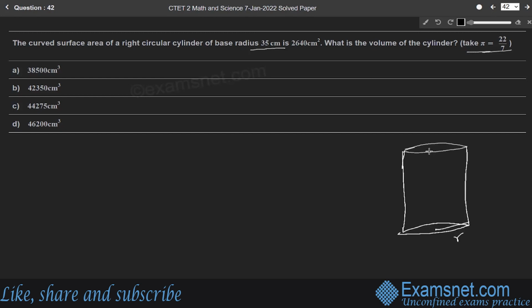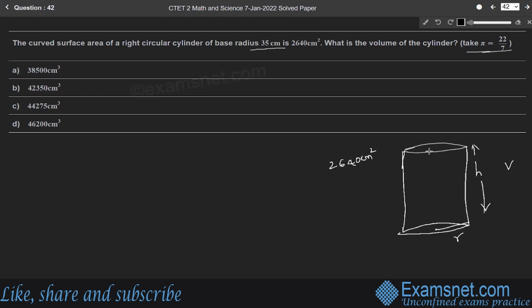R is 35 centimeter and its curved surface area is 2640 centimeters square. Right. So we have to find volume of the cylinder V.